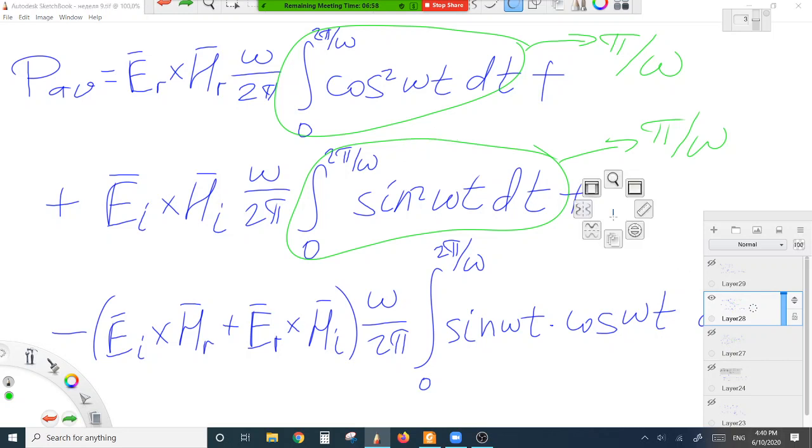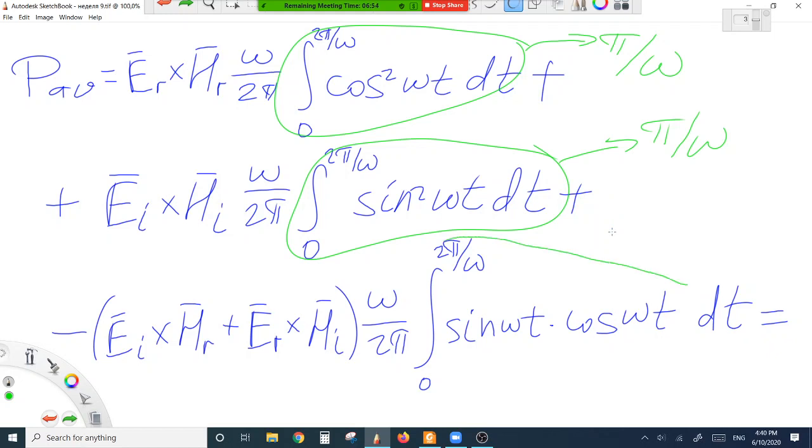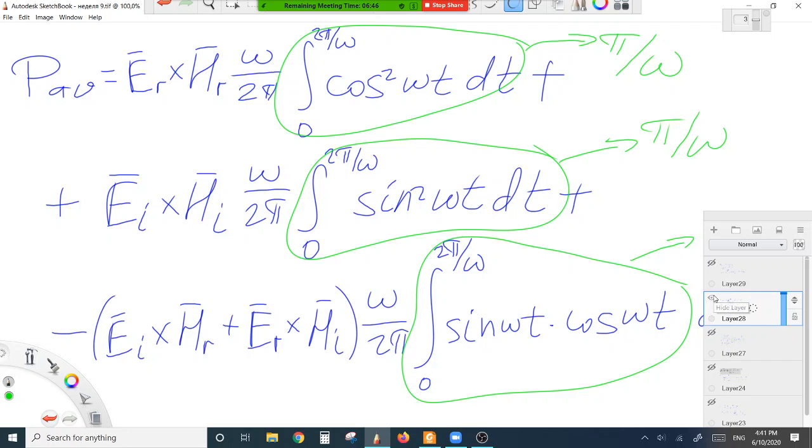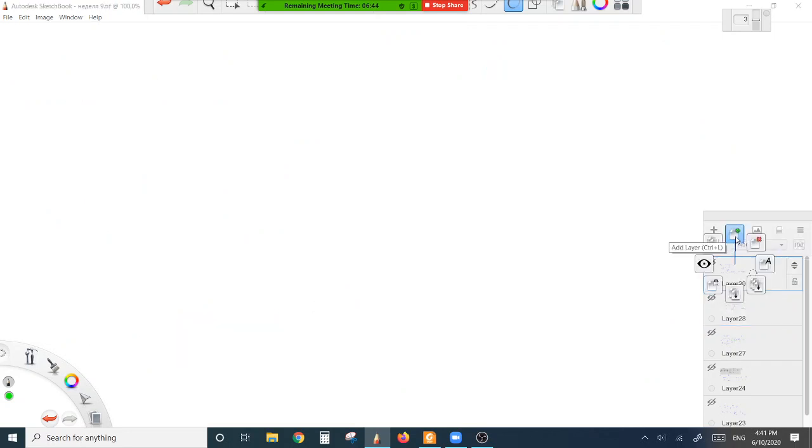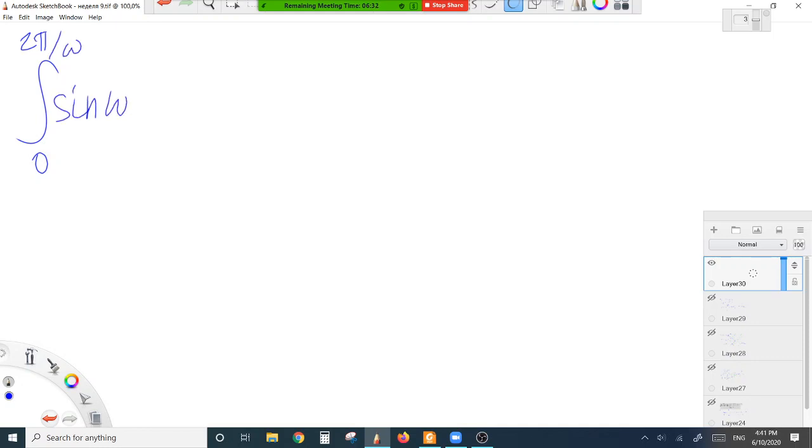Well, what about the third integral? Let's compute the third integral, sine omega t cosine omega t. The integral from 0 up to 2π over omega of sine omega t multiplied by cosine omega t dt.